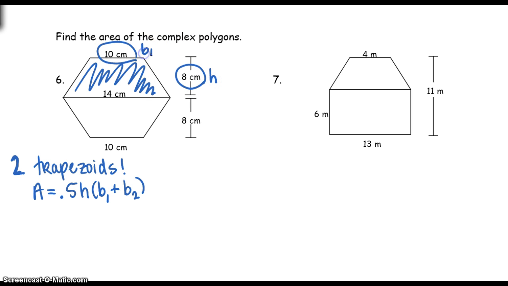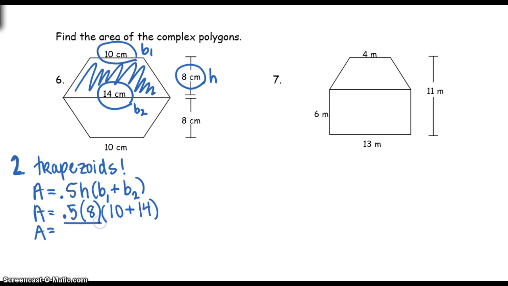Here's base 1, and here's base 2. So now that we know all these, we can substitute them into the equation. So A equals 0.5 times the height, which is 8, times base 1, which is 10, plus base 2, which is 14.